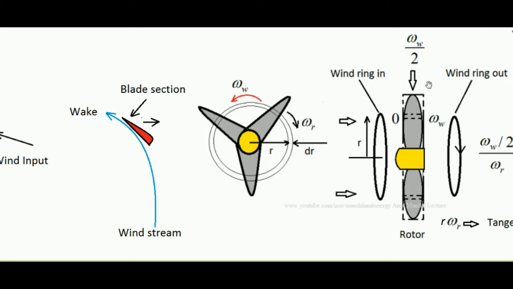This is the wind ring in, and this is the wind ring out, whose thickness is dr and radius is r. Initially the ring has no rotation, so its angular velocity is initially 0, and finally it has angular velocity omega w. So exactly in the plane of the rotor, we can take the average angular velocity of the wind, that is omega w plus 0 by 2, which is omega w by 2.